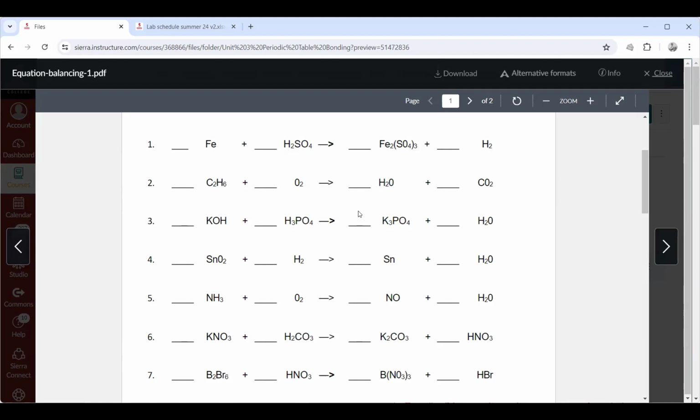Yeah, you're doing fine. Just keep at it. Okay, so you have a problem with the iron, right? So we're going to put over here for the iron. Okay, so update your inventory. If you keep updating your inventory, you know where you are. So, yep, hydrogen is the same. That's fine. Let's look at the sulfate now. You have 3 over here, 1 over there, right? That changes the hydrogens too. That makes it 6 now instead of 2 and 3 there.